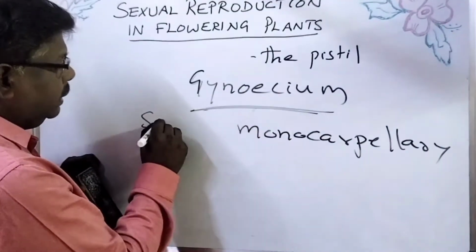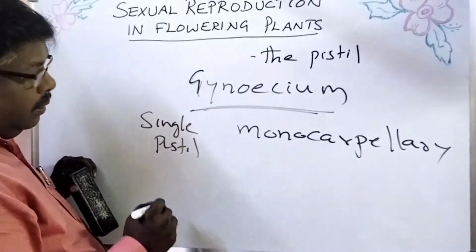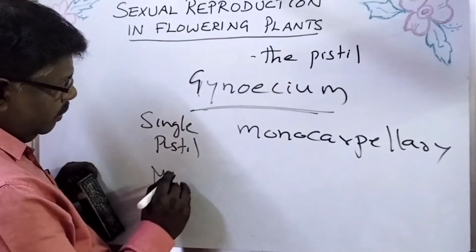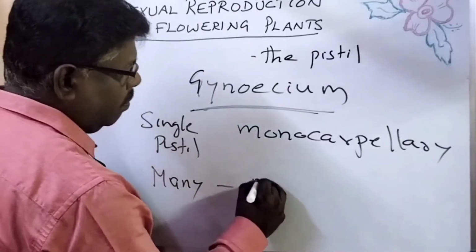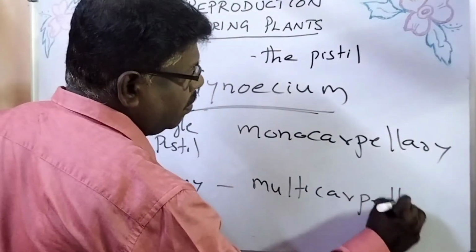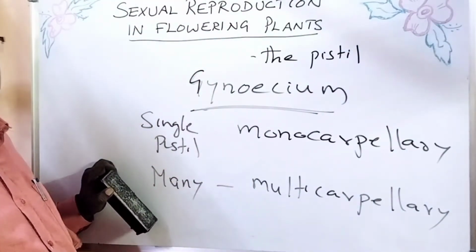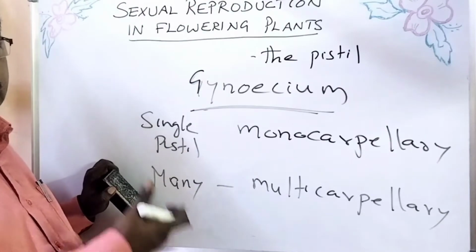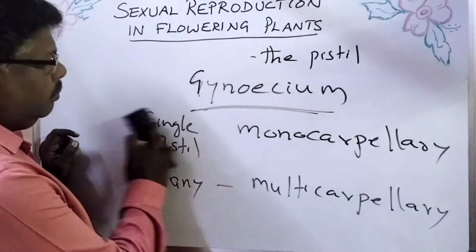Monocarpellary means single pistil. Supposing there are many pistils in a flower, it's called multicarpellary. If it is only single, it's called monocarpellary.